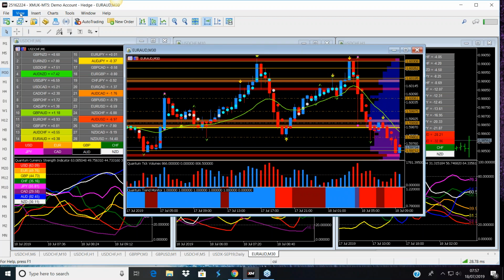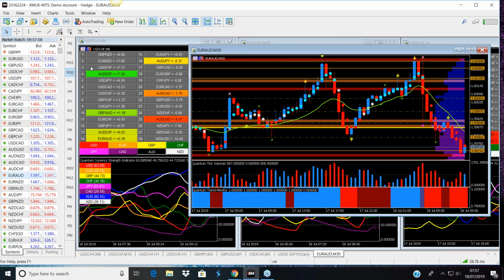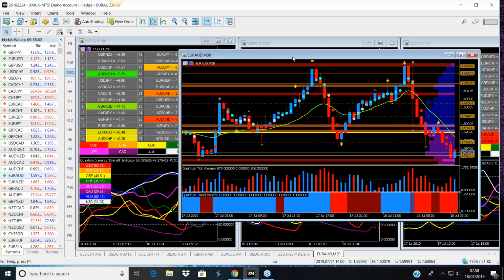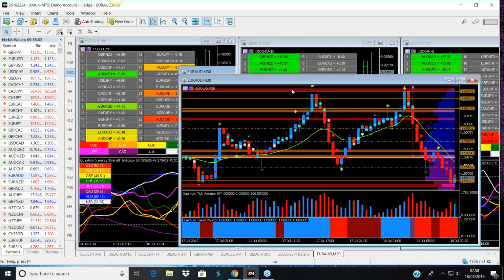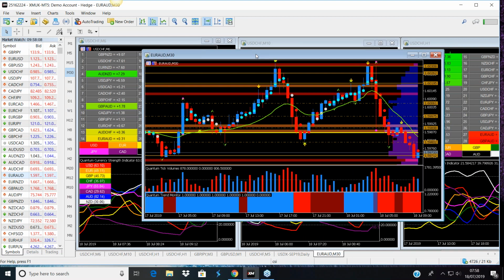I've got the 30-minute chart here. You move over to Market Watch, and you simply pull over the different pairs that have caught your eye across these three time frames. In fact, the pairs that I pulled off this morning at about 6:45, one of them was the CAD yen.